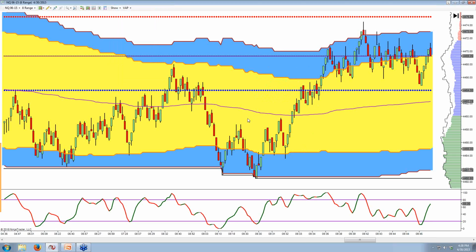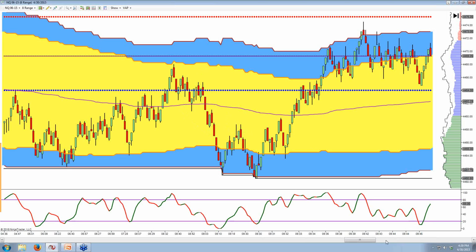So the yellow area is the fair value area. Anything in that area is considered to be a fair value price for whatever instrument you're trading. So usually this is going to be the area where you can kind of get stuck in some support and resistance areas, if you're plotting your own support and resistance.